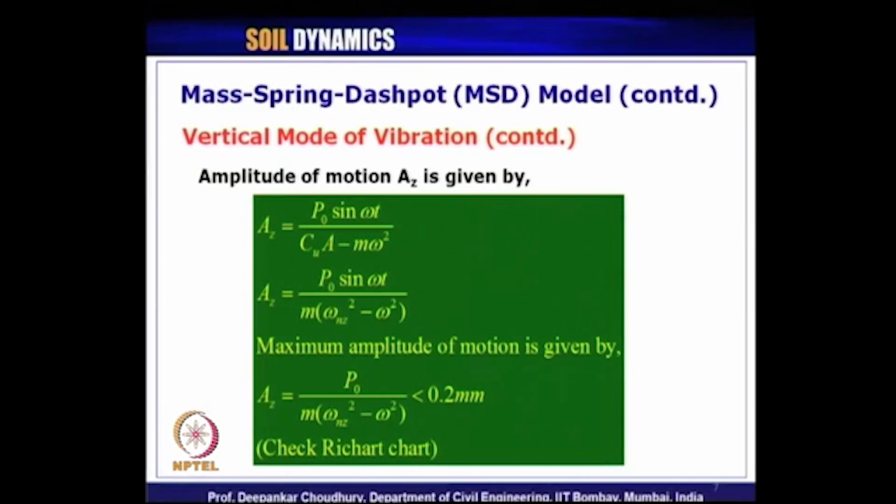That expression needs to be used, that is P naught by k root over 1 minus r square whole square plus 2 eta r whole square, and that value of A z also needs to be checked with respect to the specification of 0.2 mm and the Richards chart qualitative assessment.